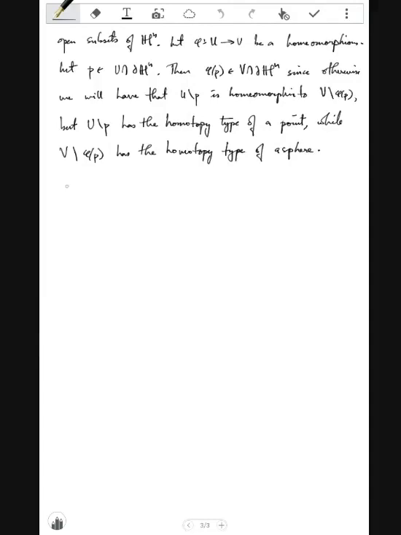We say phi is a smooth map if the following two conditions are satisfied.